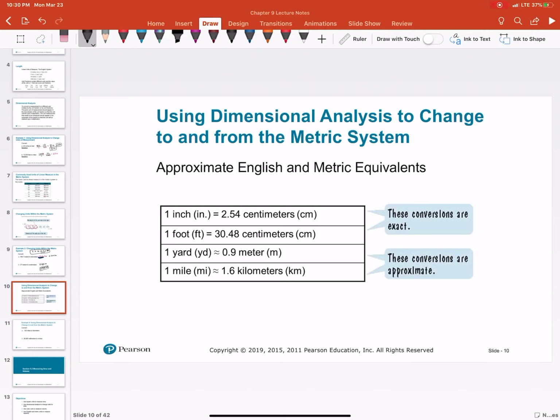So take a minute and write this stuff down. Now remember, these are approximates. So you've got 2 that are approximates. That means the numbers are what? Rounded.